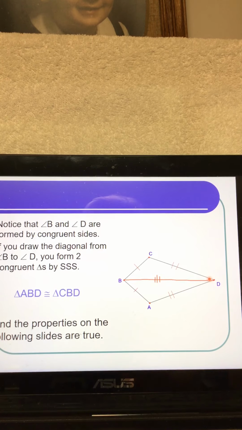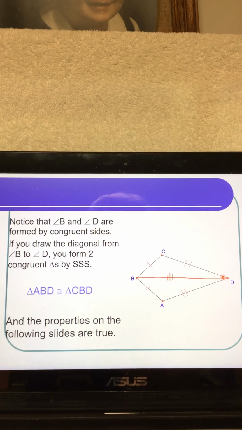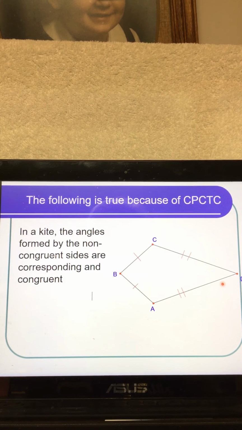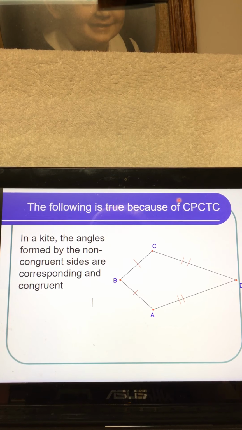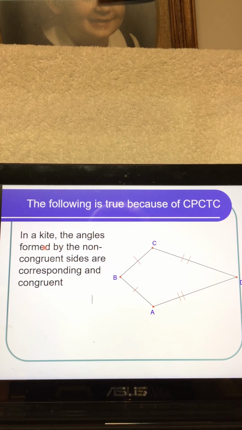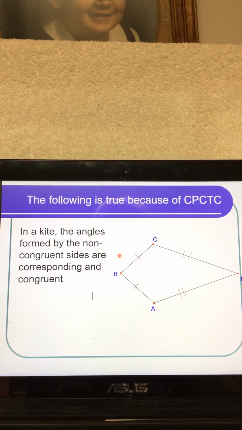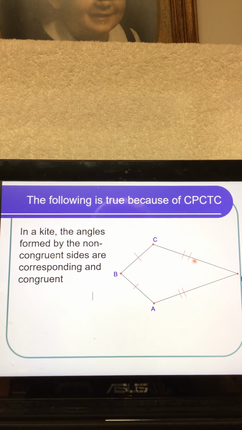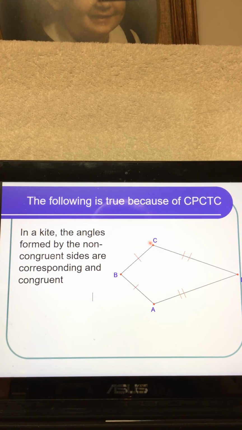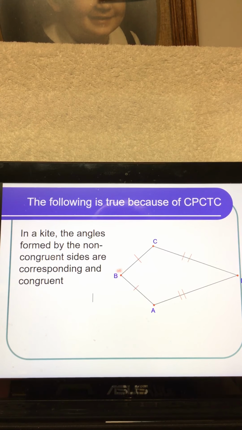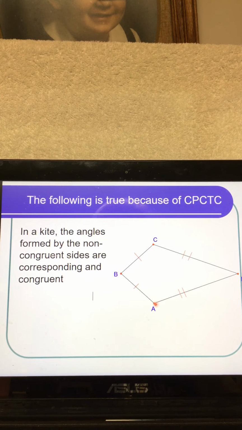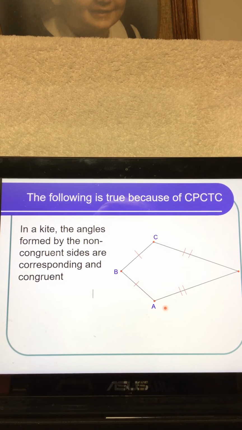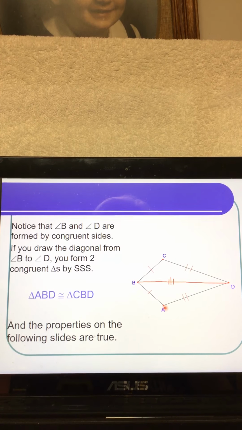Now we're going to talk about some properties that are true because we see two congruent triangles. It says the following is true because of CPCTC. In a kite, the angles formed by the non-congruent sides. Do you see these two are forming C and they are not congruent? These two are forming A and they are not congruent. But go back and look at the previous slide.